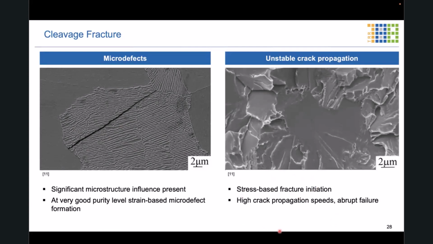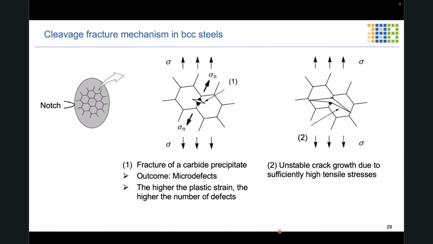And that is due to the fact that the crack is fed by the energy that is released when the crack propagates. Here you see then the schematic overview of that mechanism. So you see the micro defect formation, very often triggered by fracture of a hard second phase, like a carbide precipitate.